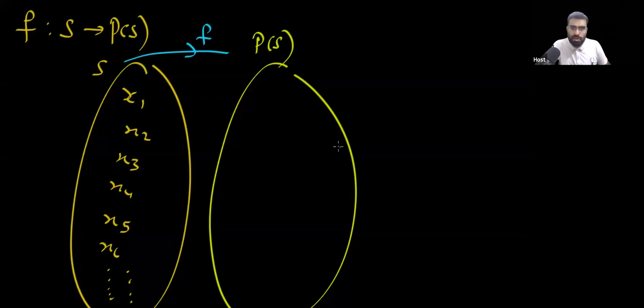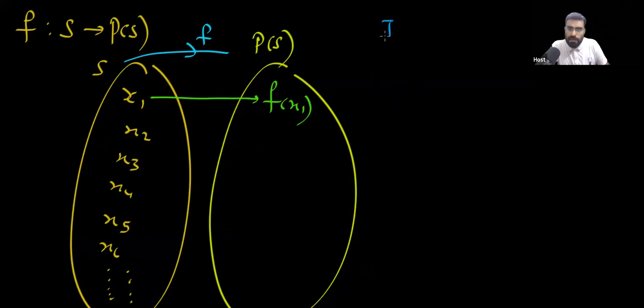Now, did you notice how I am creating this set D? To create D, what will I put in D? For x1, I will check what the image f(x1) is.